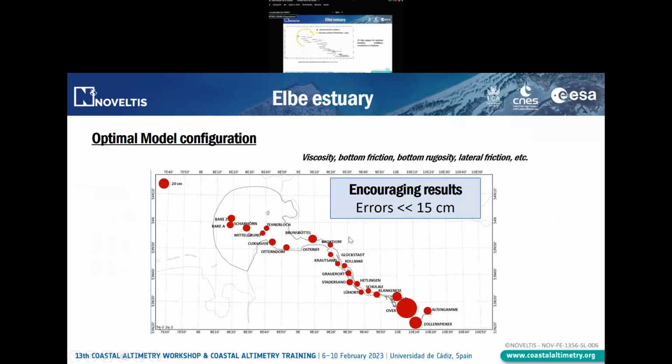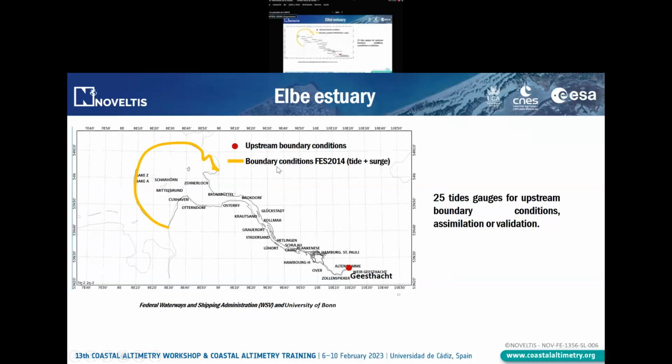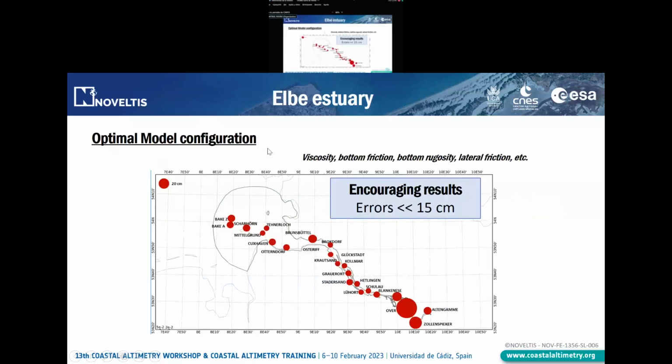So with this configuration, the bathymetry, the vertical reference, and the mesh grid, we made hundreds of tests to obtain the optimal model configuration, finding the viscosity coefficient, bottom friction, bottom roughness, etc. And the results are very good.